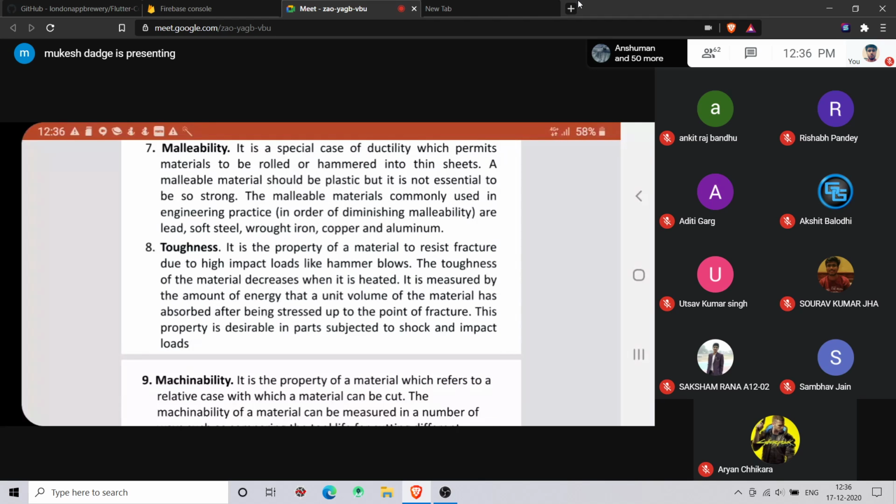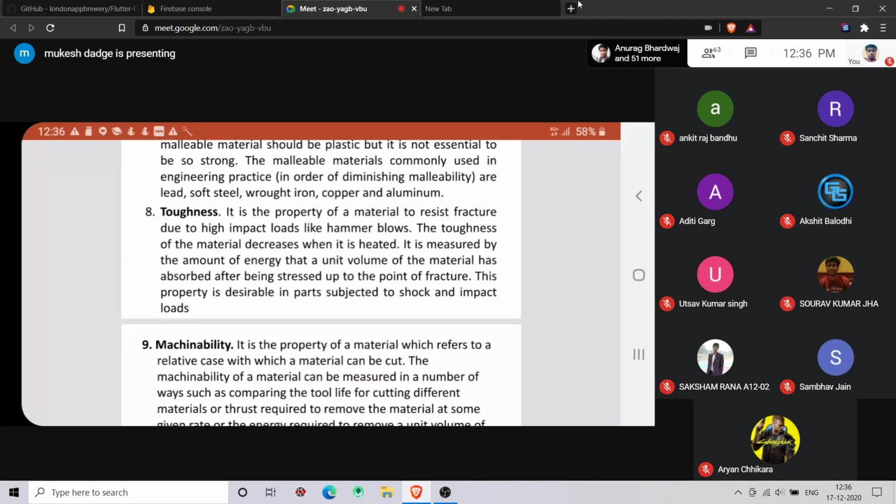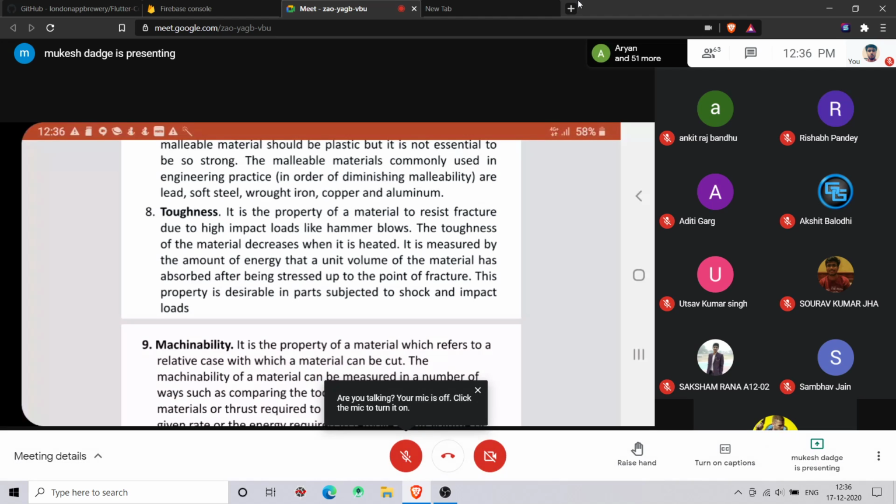The next one is toughness. It is the property of a material to resist fracture due to high impact loads, like hammer blows. Right? So to resist the impact load, you require toughness. The toughness of a material decreases if it is heated.